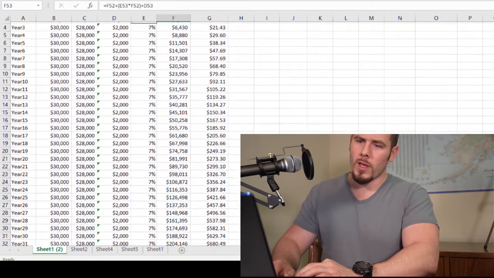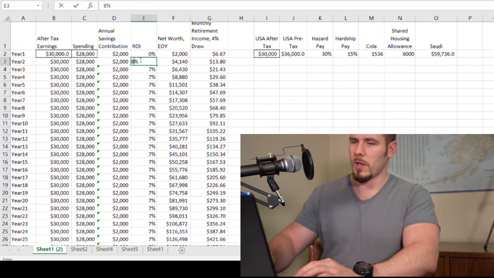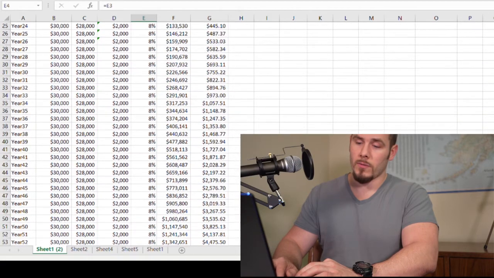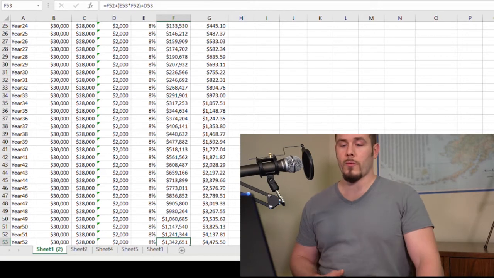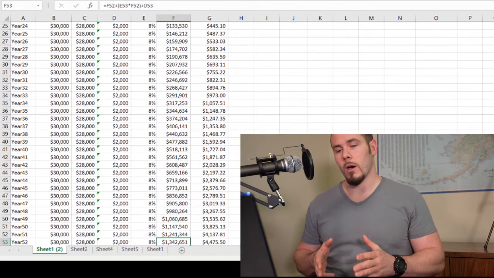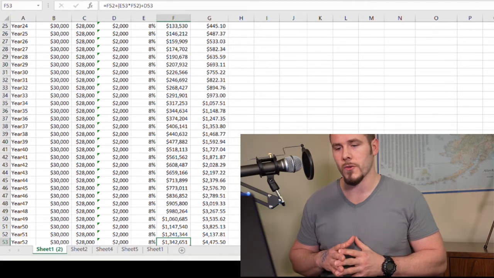Now, what if they got an 8% return? If I put 8% in this cell, they went from $935,000 after 52 years to 1.34 million. Now, that's a difference of roughly $400,000.